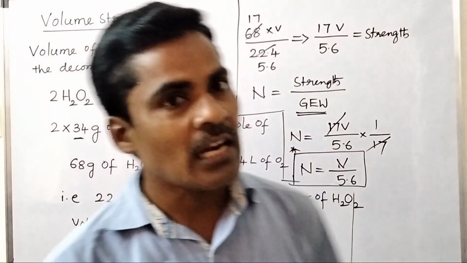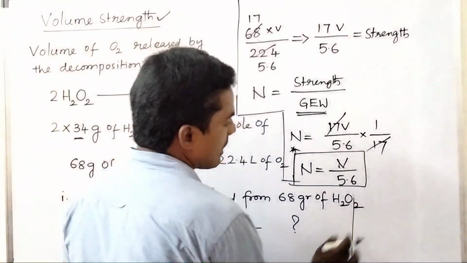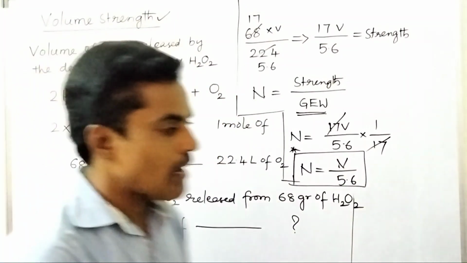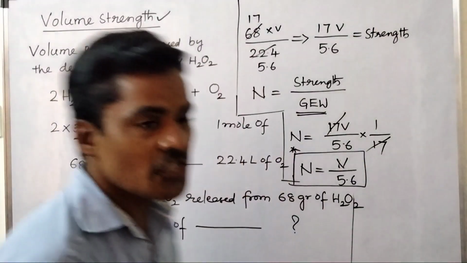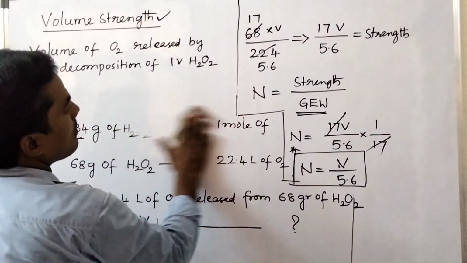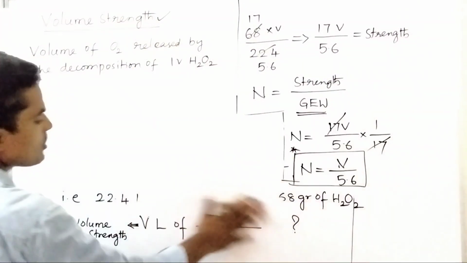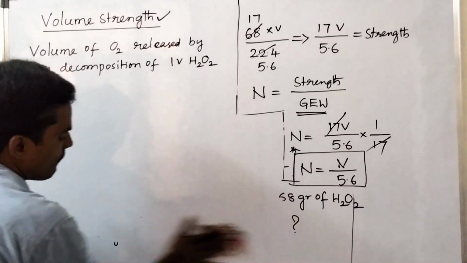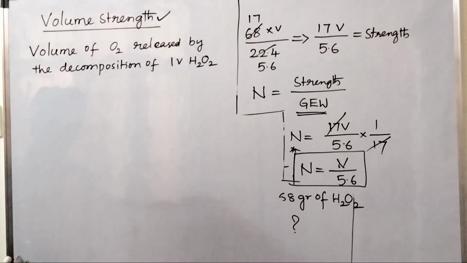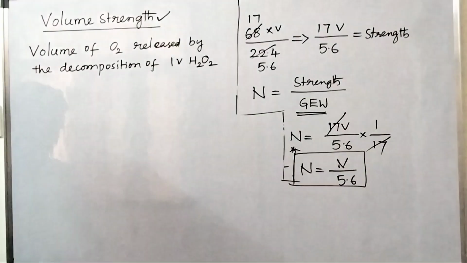Now what is the relation between molarity and volume strength? You know the relationship between molarity and normality: normality equals to molarity into n factor.